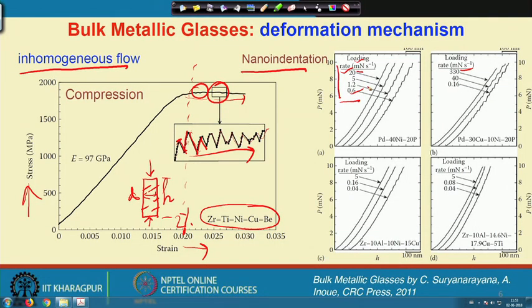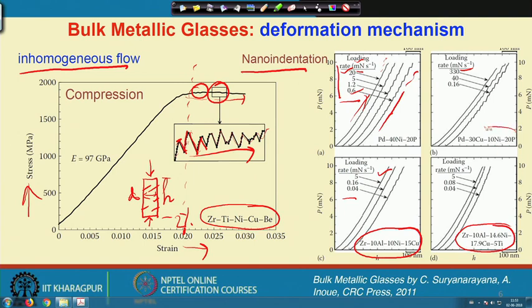At a very high strain rate, the serrations almost vanish compared to the lower strain rate, which is expected. So, at a higher loading rate it appears to be a homogeneous type of flow, and the change to inhomogeneous flow shows some sort of transition. In a very similar way here also, this is a zirconium aluminum copper nickel glass, or let us say also one of the derivatives of that kind of glasses.